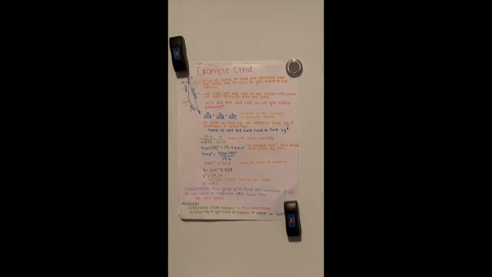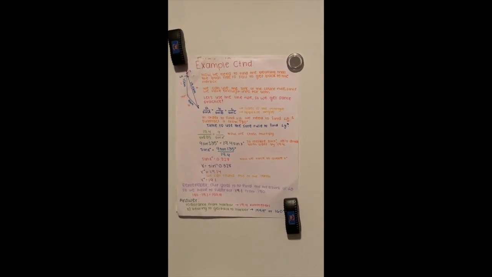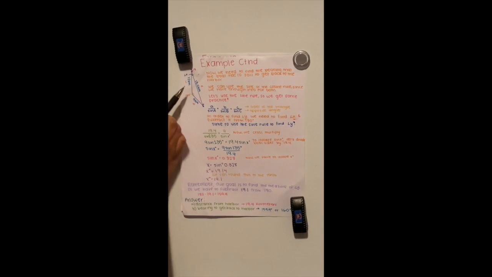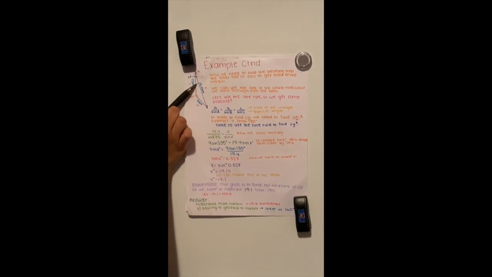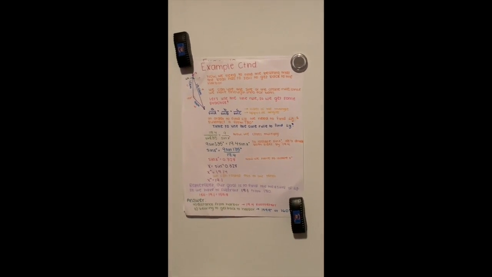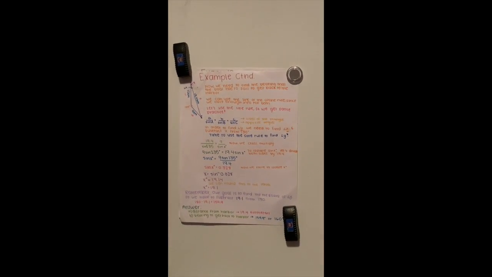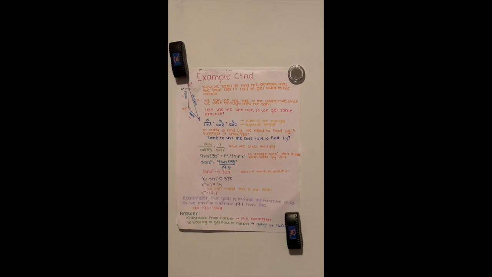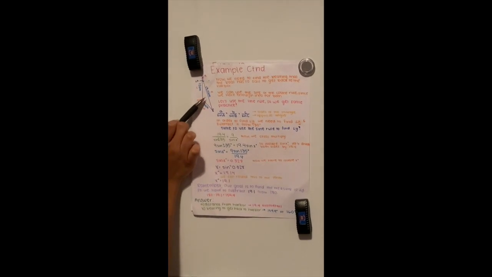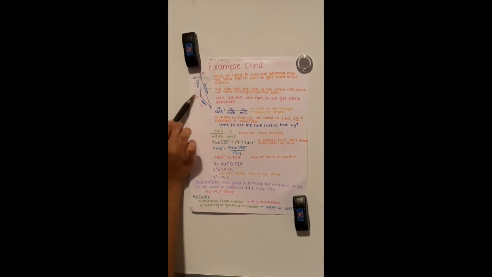So, first, to fill this in, we know that side a is 19.4 kilometers from the last part of the problem. That's going to go in our numerator. And the denominator would be the sine of the opposite angle, which would be this one.